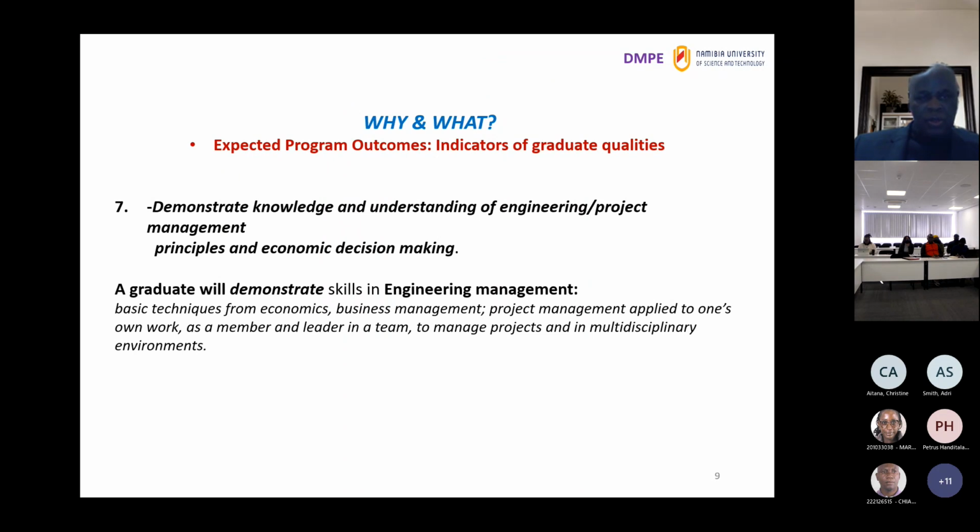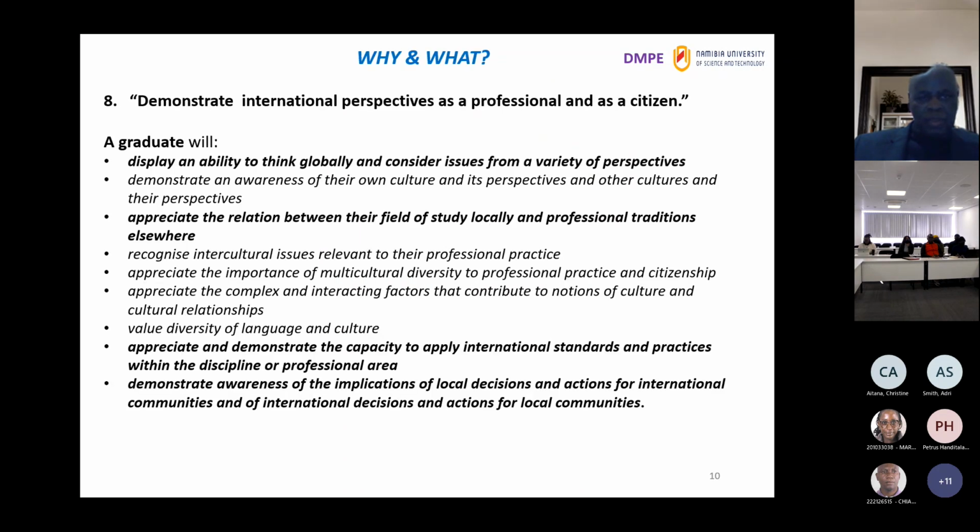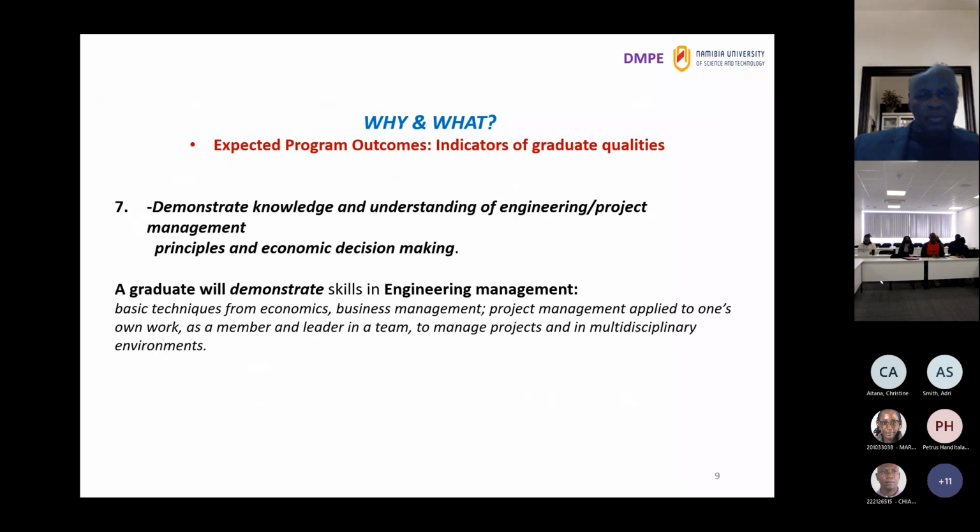I think I got one or two more. Yeah, one, two more. Above all, the student should graduate with skills that encompass project management. Because after finishing the degree, they might decide to work for a company, for government, or for themselves as sole traders.